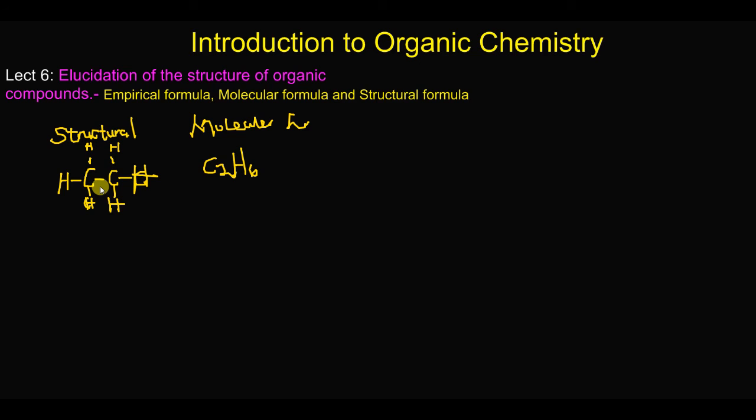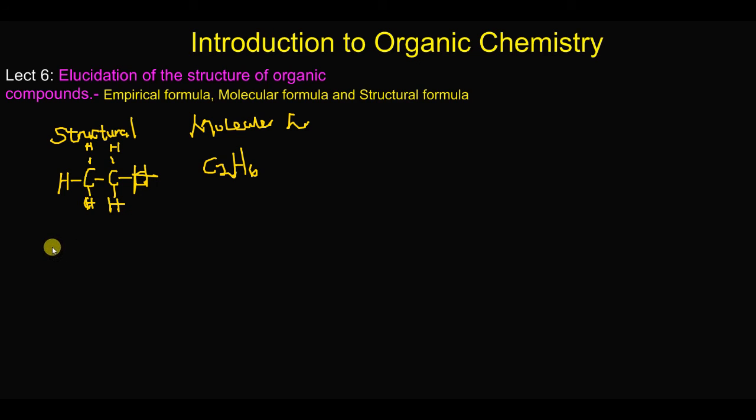So you can see that here we have 6 hydrogens, which are arranged around the carbon like this. It tells you the arrangement of the atoms around each other, how the atoms are positioned in space, the spatial arrangement. So that is it.